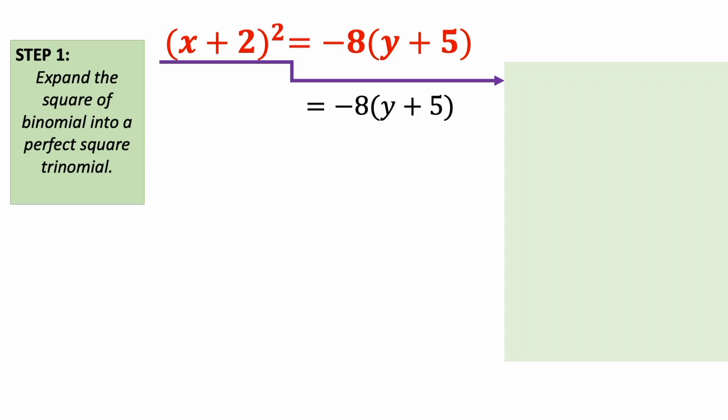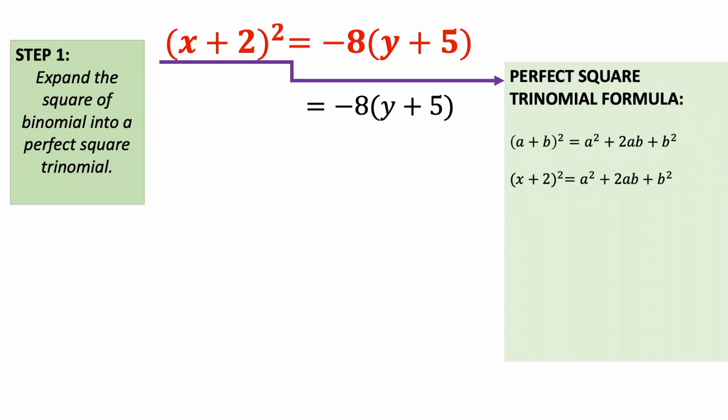Hence, we will use the perfect square trinomial formula, which is a squared plus 2ab plus b squared, since quantity x plus 2 squared is of the form quantity a plus b squared. Here, a is x and b is 2.